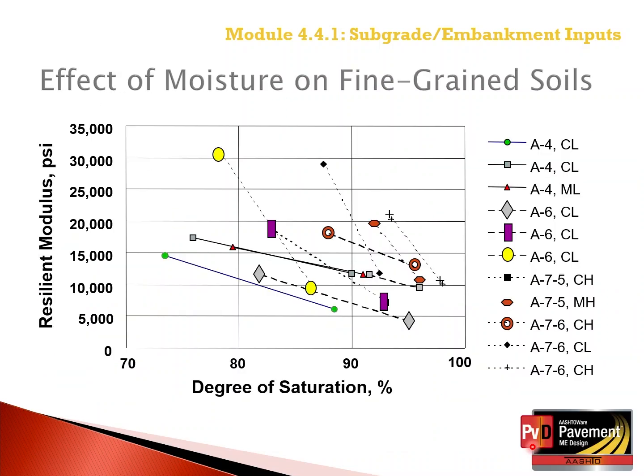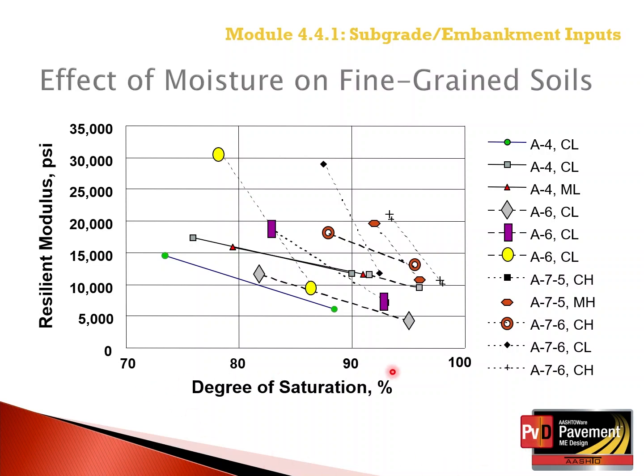This is simply an example of the degree of saturation and how it's used to estimate the resilient modulus of unbound layers, those being the subgrade and the embankment layers. The graph simply displays the impact of degree of saturation on the resilient modulus of fine-grained soils, but the same concept is used for coarse-grained soils and materials.